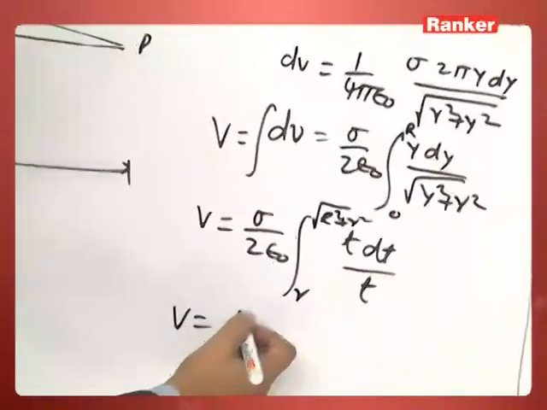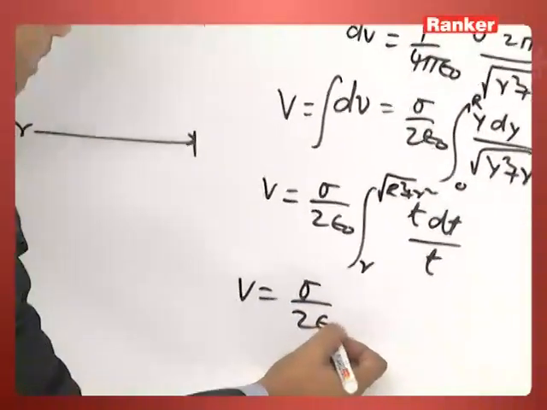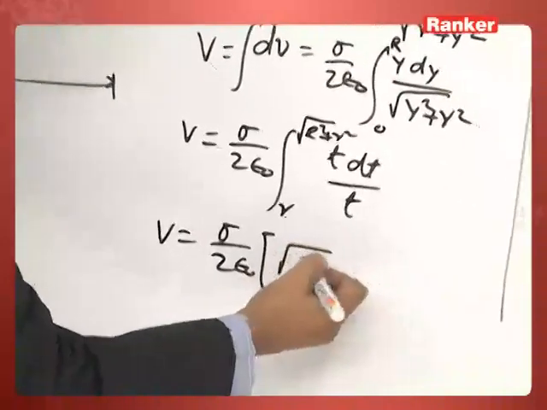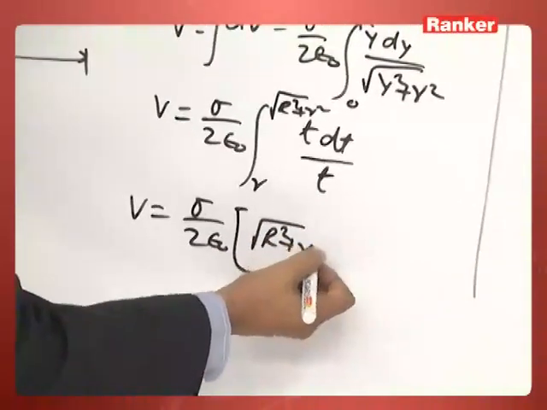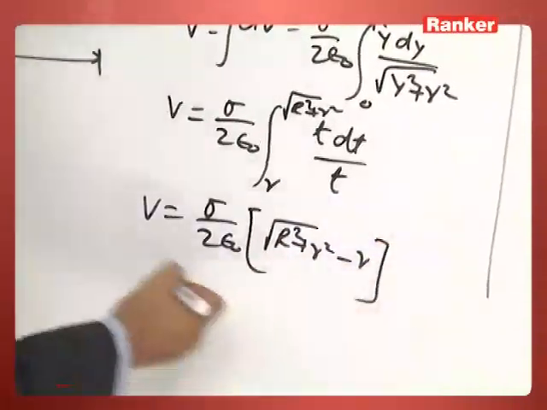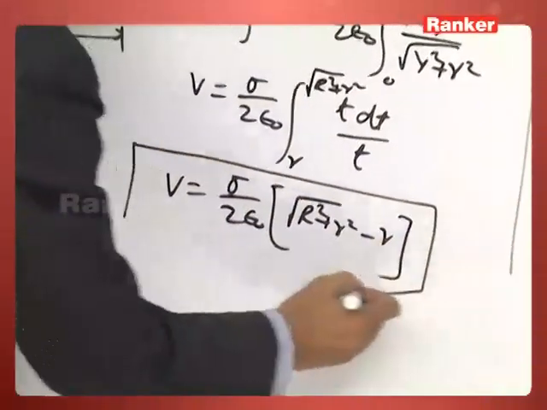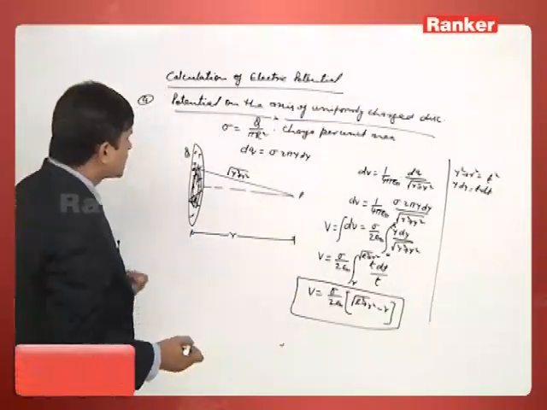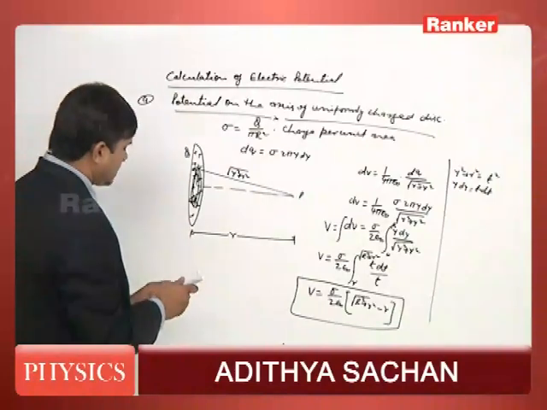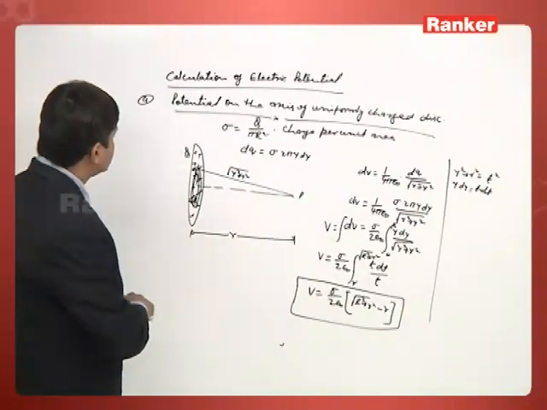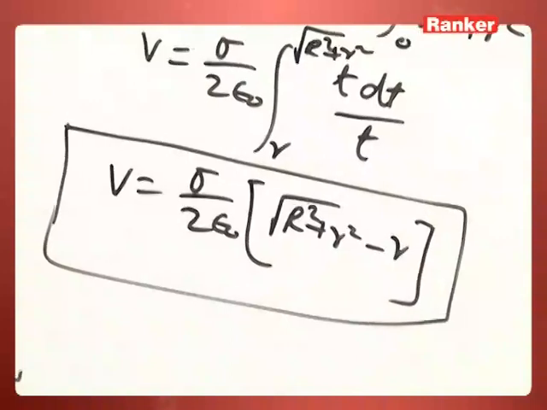So potential will be sigma by 2 epsilon naught times root over R square plus r square minus r. This is the potential on the axis of the disk, V equals sigma by 2 epsilon naught under root of R square plus r square minus r.